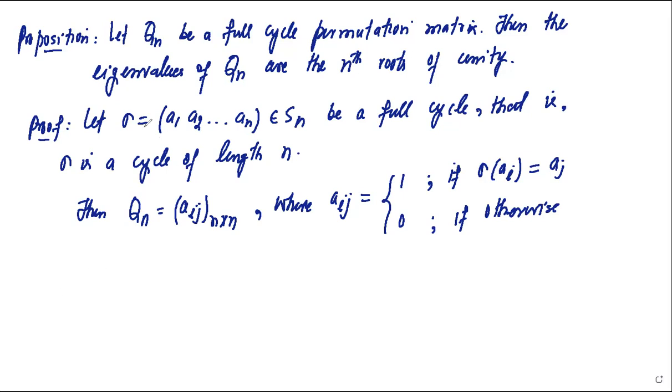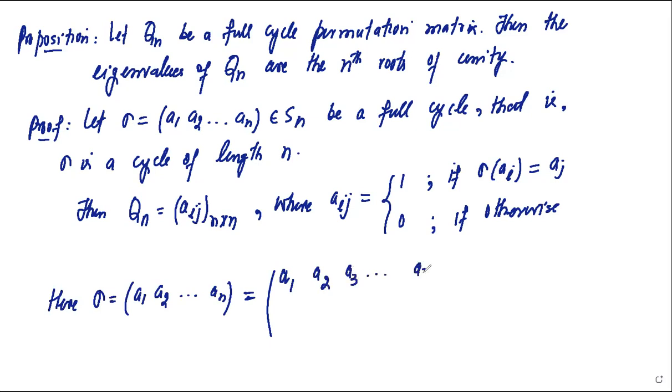In fact, we can write sigma, which is our n cycle (a1, a2, through an), in row form in this way. In the first row, we write a1, a2, a3, so on, an minus 1, an.